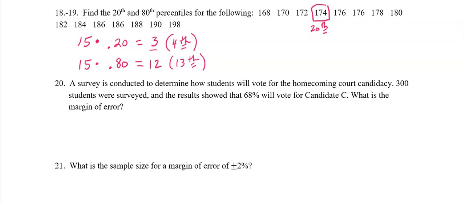So it's like a ranking. What number is the 13th? Well, this is the 15th, 14th, so 188 would be the one that's at the 80th percentile. So 174 is the answer for the 20th, and 188 is the answer for the 80th.